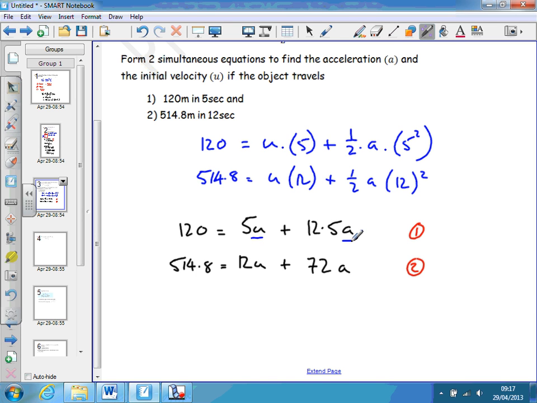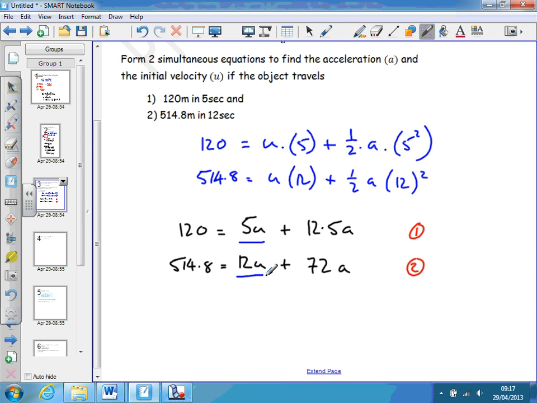There's two ways to do it, and probably the easiest way is the elimination method, which is where we try and get u or a the same in both equations, and then we can eliminate it. Well, probably the easiest one is u. So we can multiply equation 1 by 12 to make 144u, and equation 2 by 5. If I multiply this by 12, I get 144u.